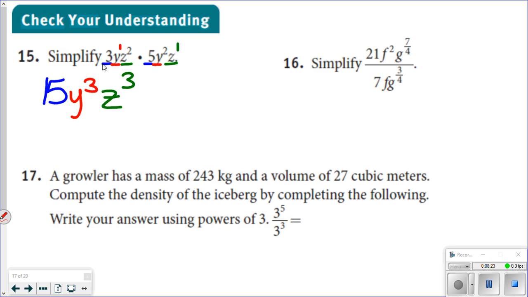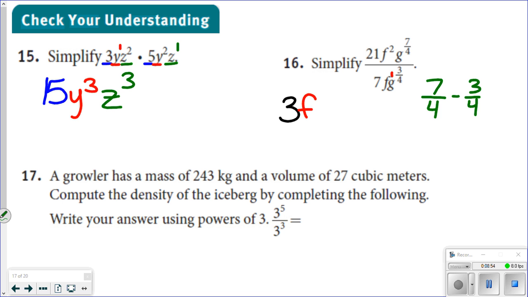All right, here let's look at 21 divided by 7 for question 16. 21 divided by 7 is 3. Then let's take a look at the f's. So I have 2 minus 1, so that's just 1f. And then when we're looking at the g's, we have 7 over 4 minus 3 over 4.